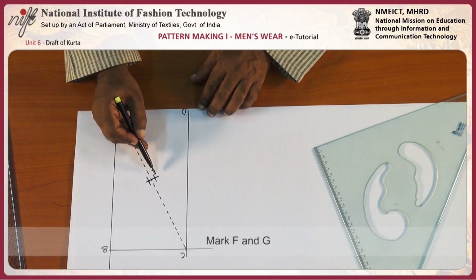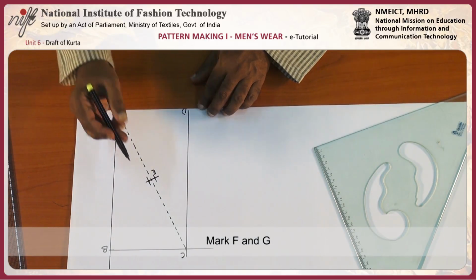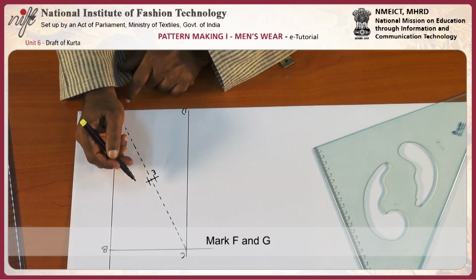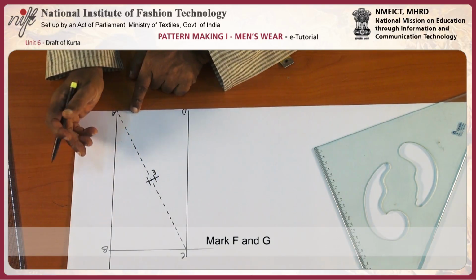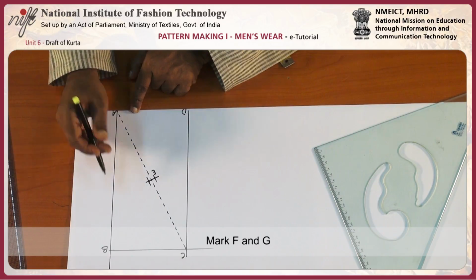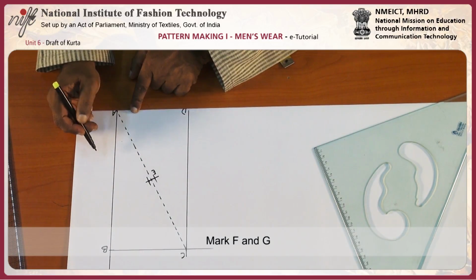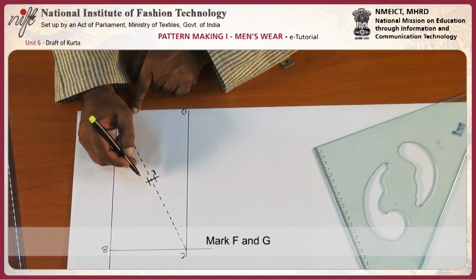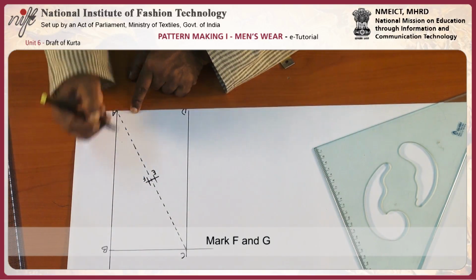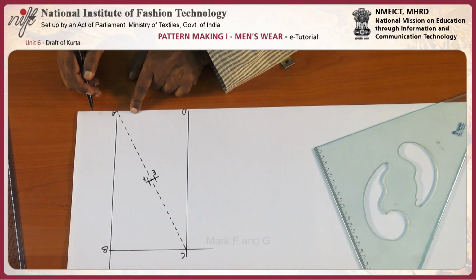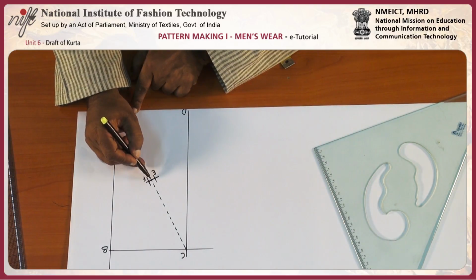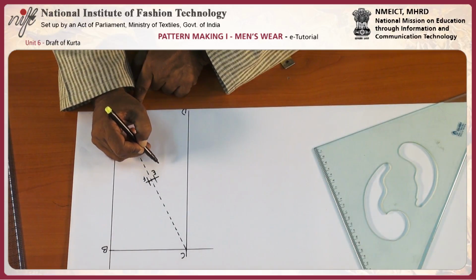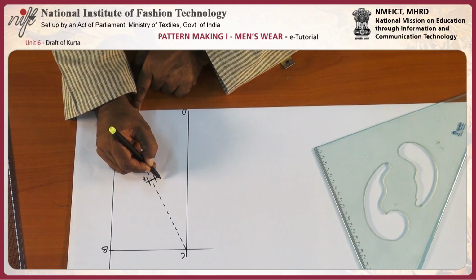So from point E measured upward, that is towards the imaginary line, is 5 millimeter, which can be considered as a point F. Then again from point E downward towards the bicep line is point G.